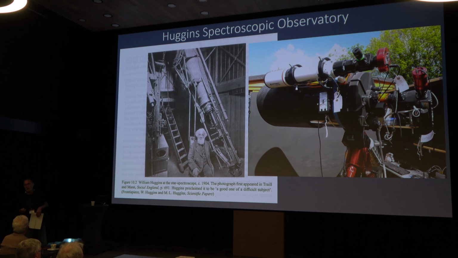Okay, so just a brief look at the setup. So this is the 4-inch refractor with an Atik 314 monochrome camera. This is the guide telescope. So it's all computerized down here. There's actually three computers going.